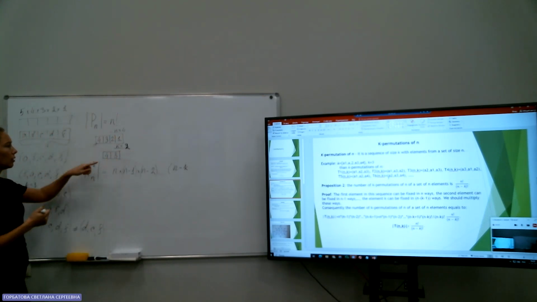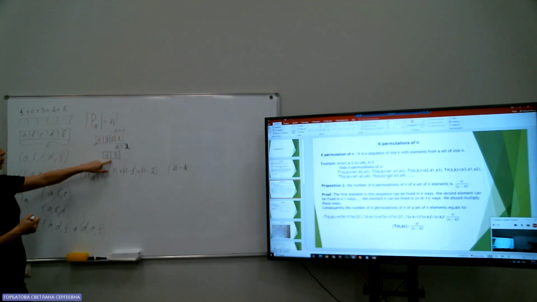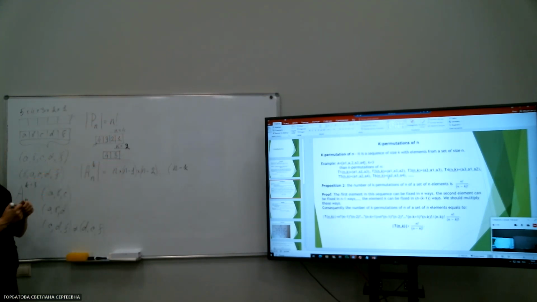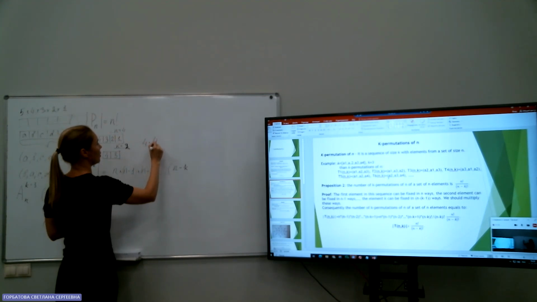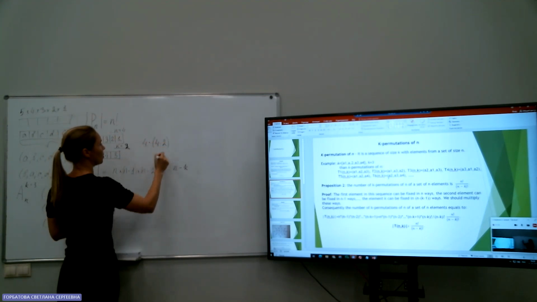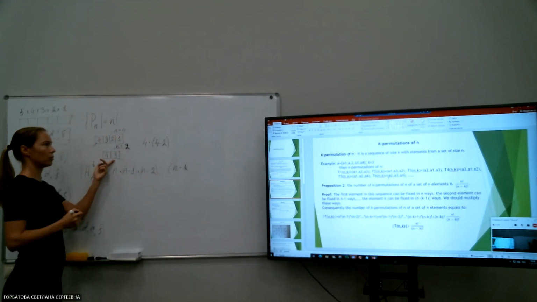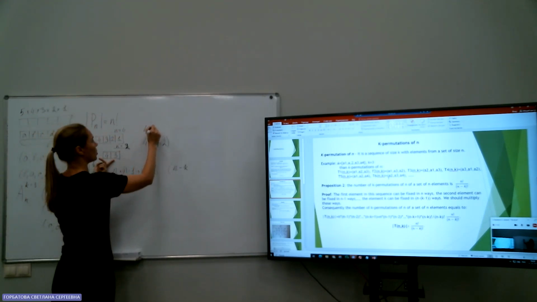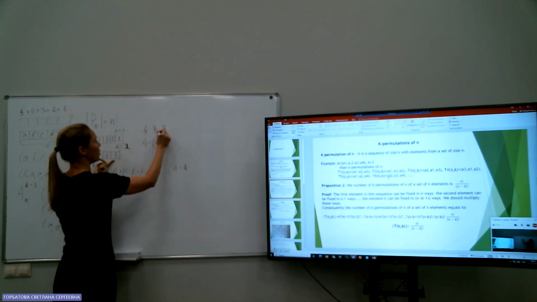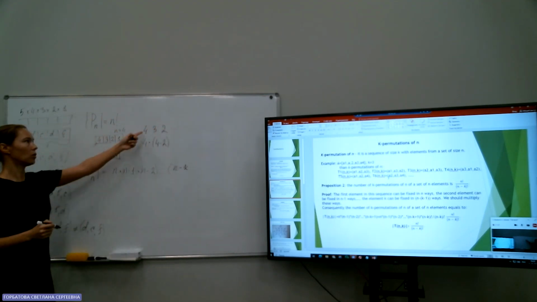Is it n multiplied by n minus k? N minus k. N, it is 4. K is 2. N minus k, it is 2. So here it will be 4 multiplied by 3 multiplied by 2. It's not correct.